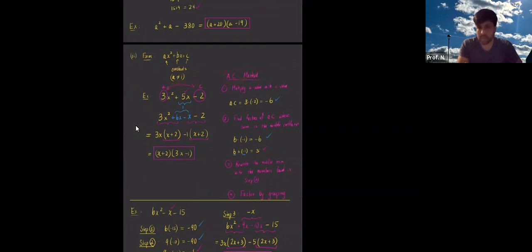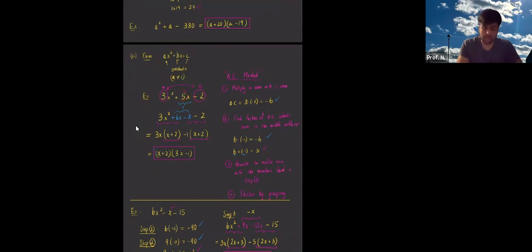We have to multiply the a value with the c value, find the factors of that product, and then find which factors add to the middle coefficient.